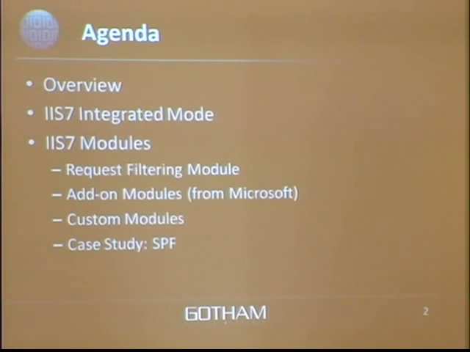Specifically, we're going to talk about some modules that come with IIS7 that can be used to do some application security type stuff. We're going to talk about some add-on modules that Microsoft has released since IIS7 came out that are free that you can install on IIS7. And then we're going to talk about how you can build your own custom module. And we've got a case study of a module that we've written that's called SPF that does some, as Chris mentioned, some WAF type stuff at runtime. So we'll run through that as well.